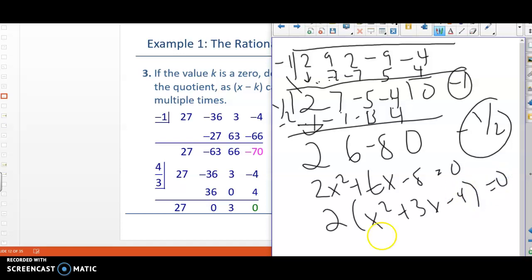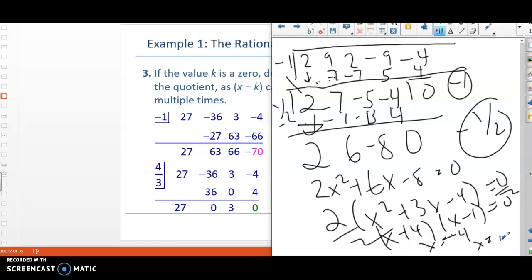You divide out that 2, and we're going to have x plus 4, x minus 1 equals 0, because we can divide by 2 on both sides, get rid of that 2. So we're going to get x equals -4, and x equals 1. So our full answer to that question is going to be, all our zeros are -1, -1/2, 1, and -4. Those are for that one.